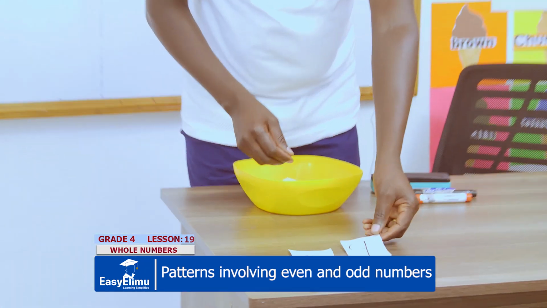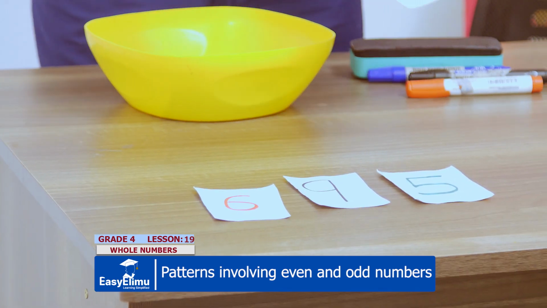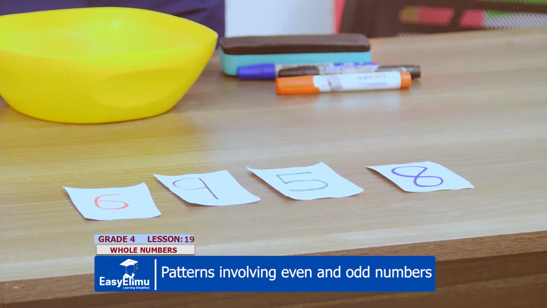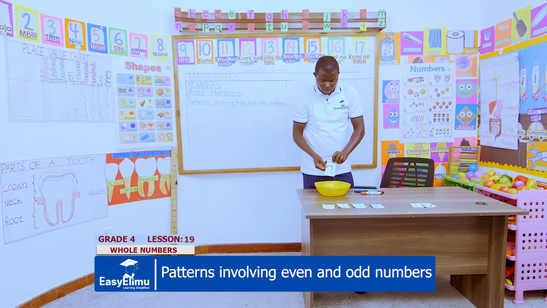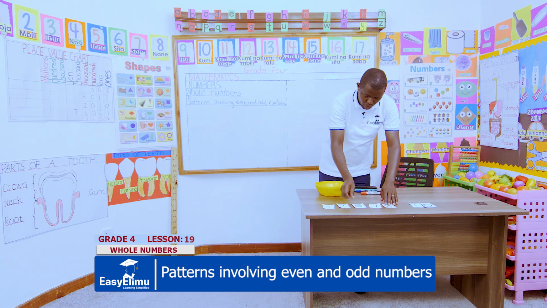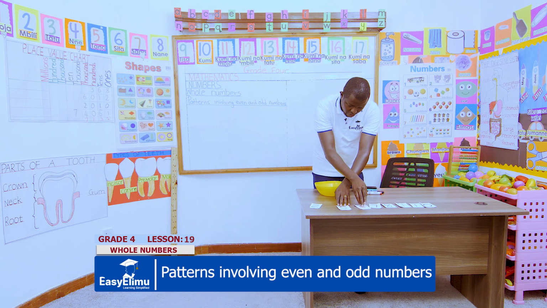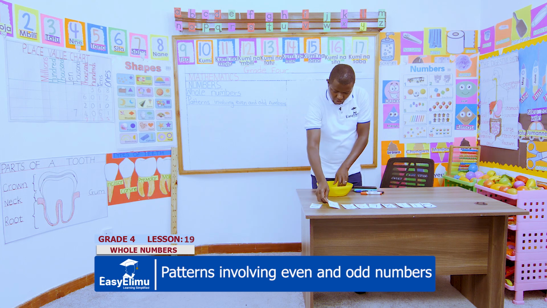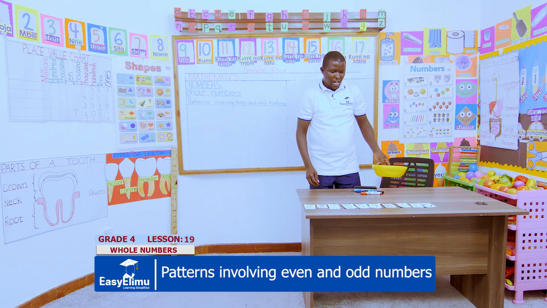We have number 9, number 5, number 8, number 10, number 7, number 2, number 4, and the last one is number 3. Those are the numbers that we have.